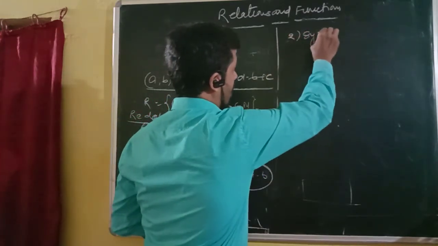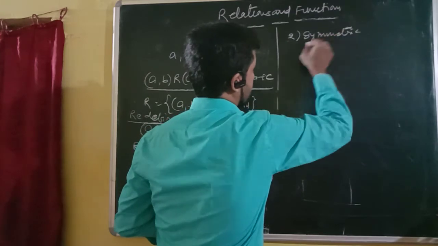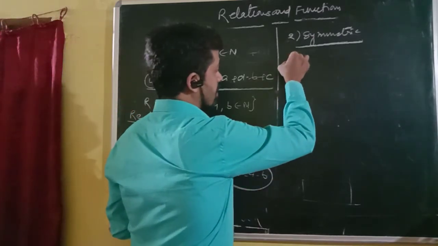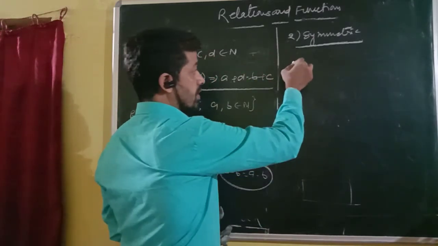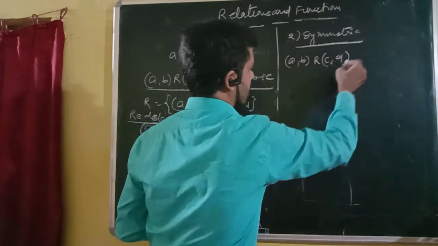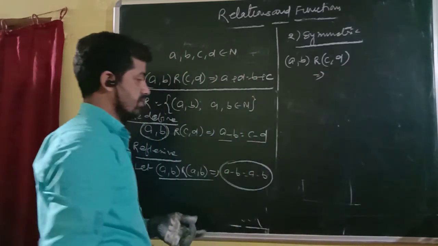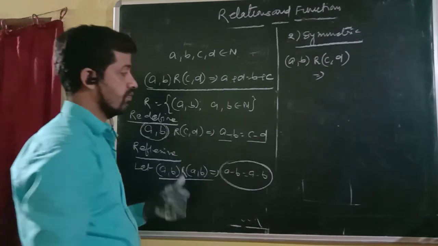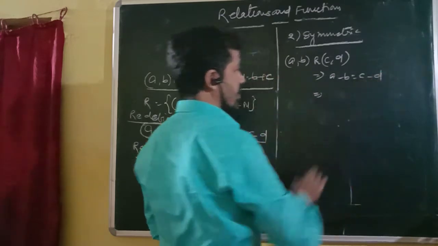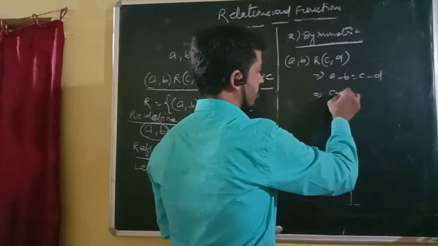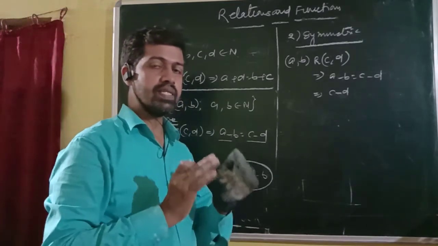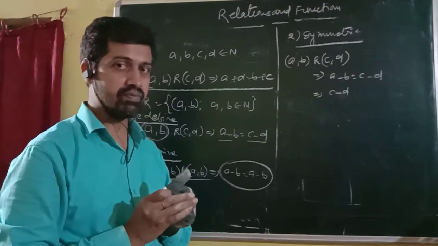Second part, symmetric relation on this set with this condition. In this part we take AB related to CD. Now if AB is related to CD, then we have this definition, which is A minus B equals C minus D. And this we can write in reverse way, because in a symmetric relation we basically get lateral inversion.